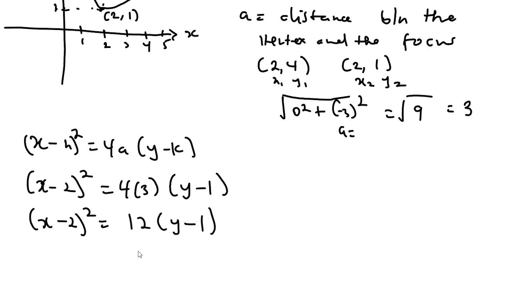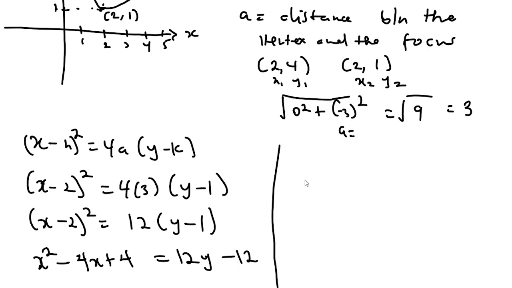All right, so let's expand this. What are we going to get? If we expand this part alone, we are getting x squared minus 4x plus 4 being equal to 12y minus 12. Okay, so let's continue here.